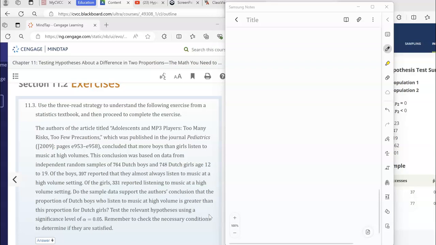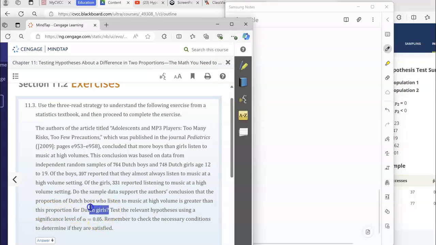Of the boys, 397 reported that they almost always listened to music at a high volume setting. Of the girls, 331 reported listening to music at a high volume setting. Do the sample data support the author's conclusion that the proportion of Dutch boys who listen to music at high volumes is greater than the proportion for Dutch girls? And we're testing at the 0.05 significance level.